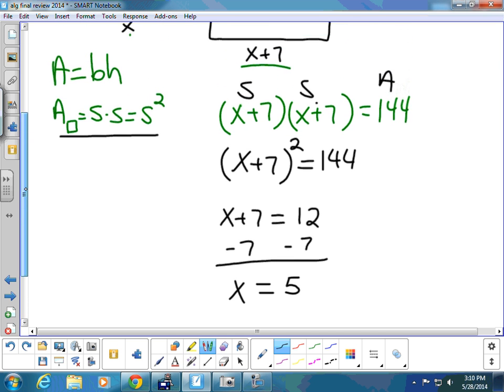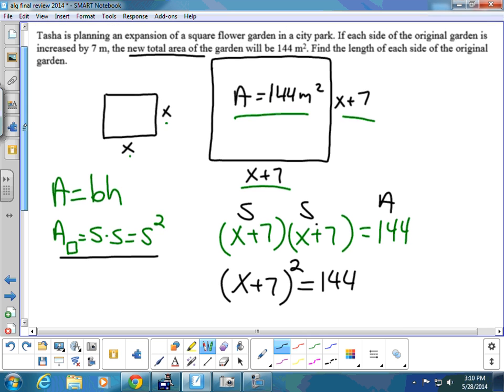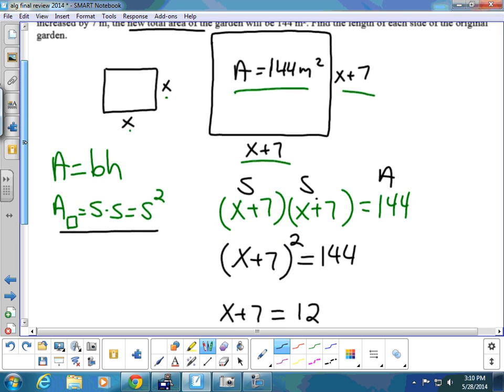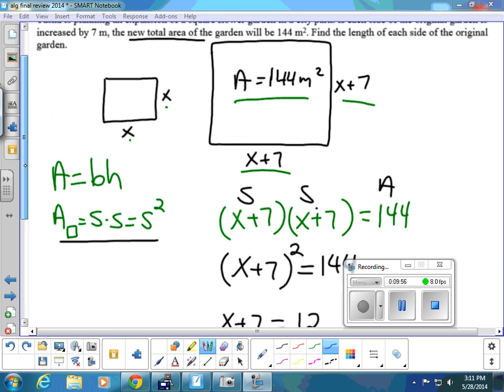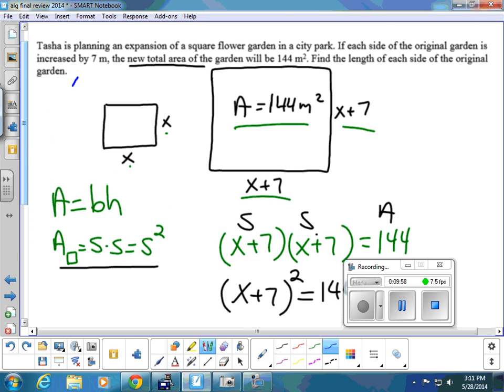So the original dimensions are 5 meters. A couple of things here. First of all, we should have defined our variable at the beginning: x equals the side of the original park.